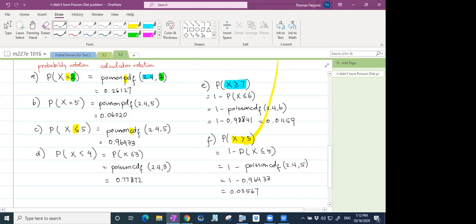It's still quite rare, not very rare, but quite rare. The probability of having more than 5 customers in the next 10 minutes, if the mean is 2.4, is approximately 3.6%, which is less than 5%.